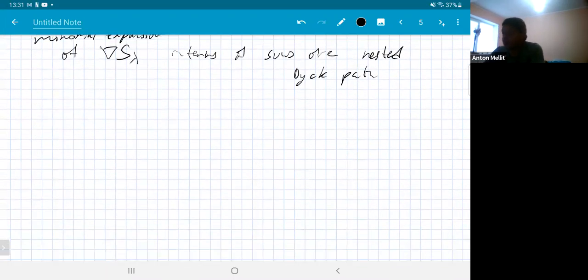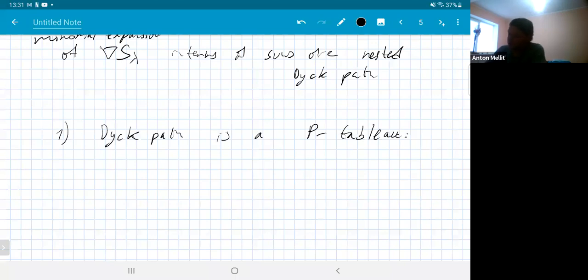So the way to think about it as a sum, again, summations over affine permutations and so on, is as follows. First, a Dyck path is a P-tableau, as follows.